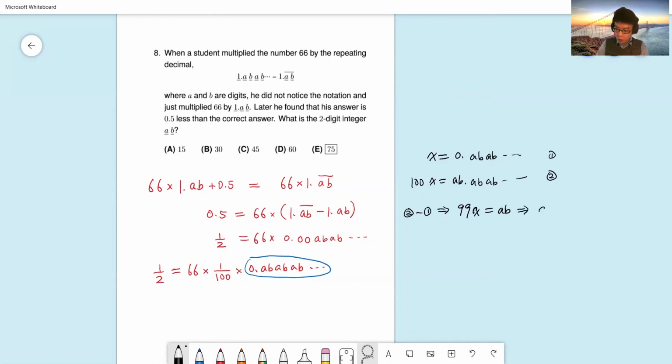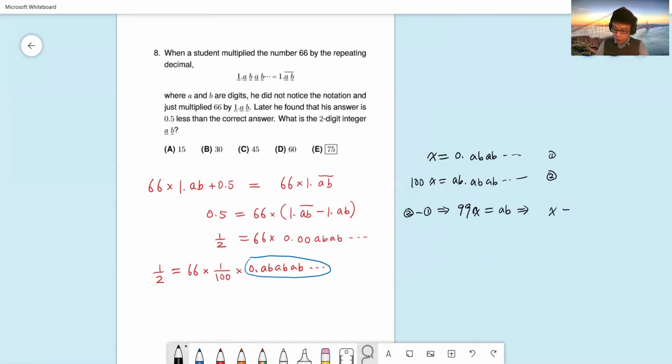Here AB is a 2-digit number. It's not multiplication, so let's avoid this confusion. So 99x equals AB, and we can solve for x in terms of AB.